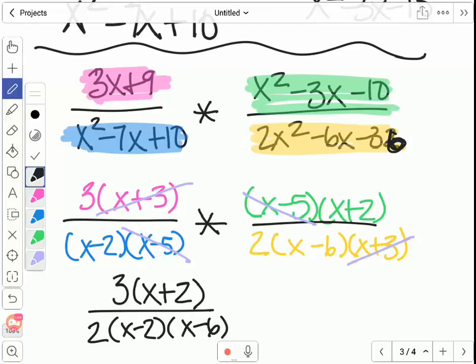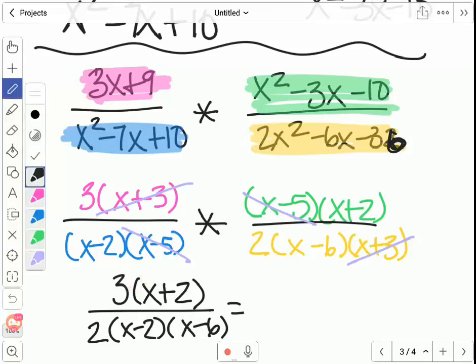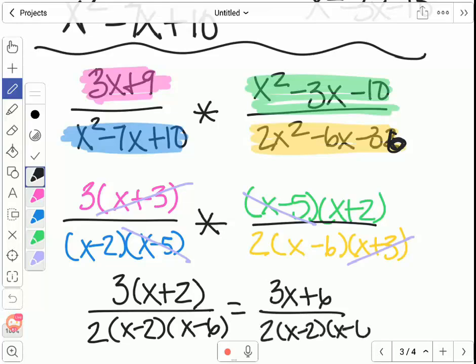It's helpful to distribute this 3 out, just because it's not complicated. And I end up with 3x plus 6 over 2 times x minus 2 times x minus 6. So that's my answer. I just have to figure out what my excluded values are.